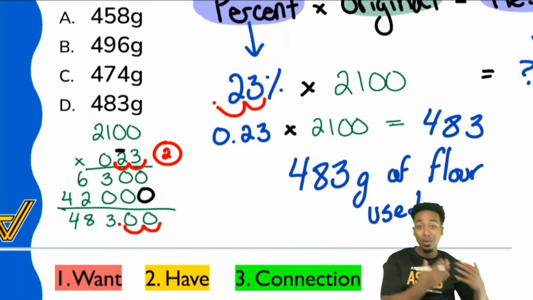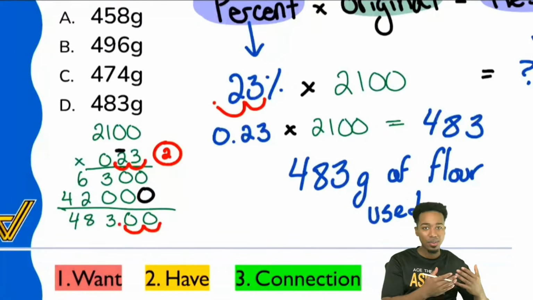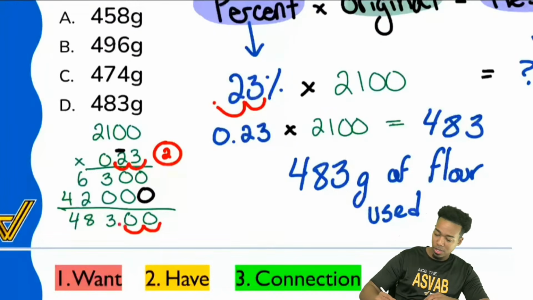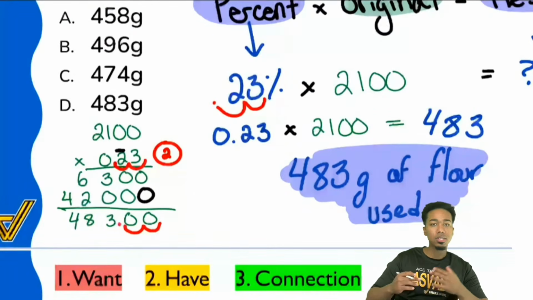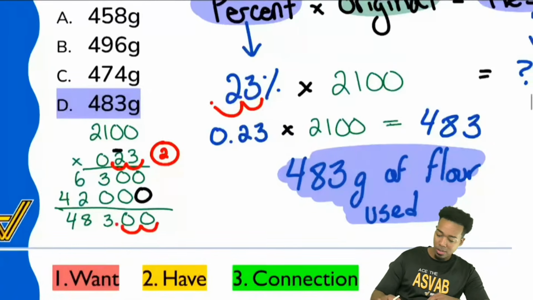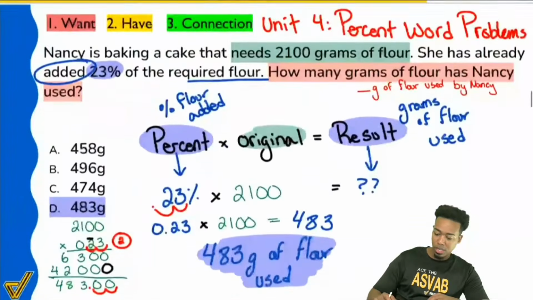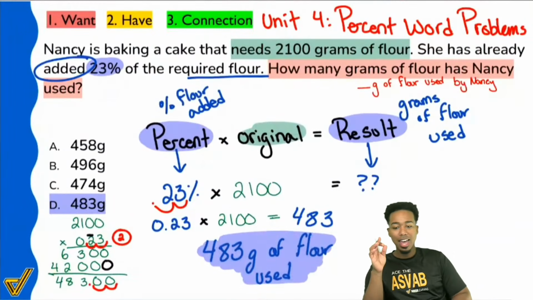So the amount that we get is the amount of flour used. Again, it's all about those connections. It's all about how these keywords and formulas make sense together. Answer is D, 483 grams. Yes or no, my party people? Did that make sense?